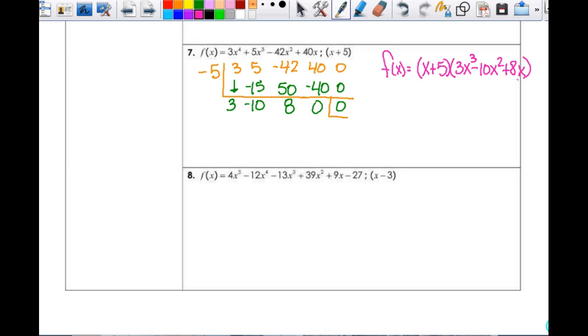Yes? Any questions at this point? All right, so when I go to factor the rest, what should be the next thing I do? Factor out the x, because I got a GCF here. So I'm going to factor this x out of here. I'll bring it out to the front. So this gives me x plus 5, which leaves me with 3x squared minus 10x plus 8. Okay, so now go ahead and factor that last part there.